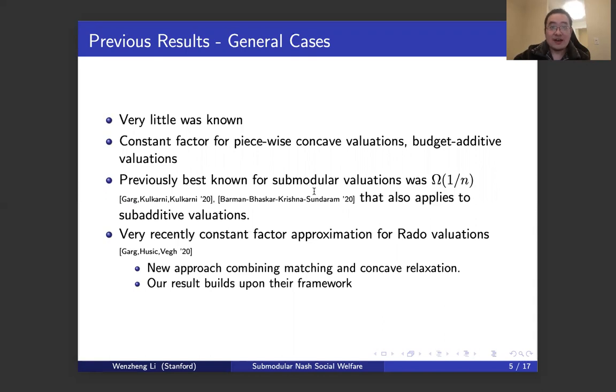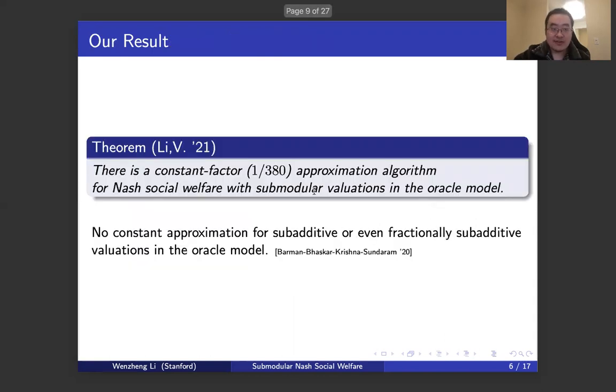Okay, so let me introduce our results. We show that there exists a constant factor, actually 380, approximation algorithm for Nash social welfare with submodular valuations in the oracle model. Just note here that we didn't try to optimize the constant, but we believe it will still be a triple-digit number using our method.